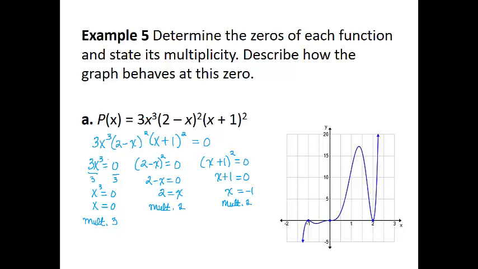So what we know about the graph is that through the 0, the graph will cross, because that is an odd multiplicity. So the graph should cross at (0, 0). Because 2 has an even multiplicity, the graph should touch at (2, 0). Negative 1 also has an even multiplicity, so the graph will touch at (negative 1, 0).